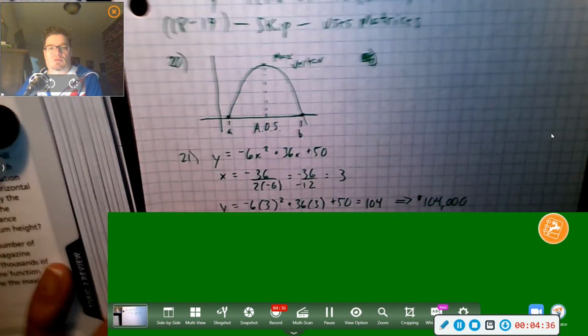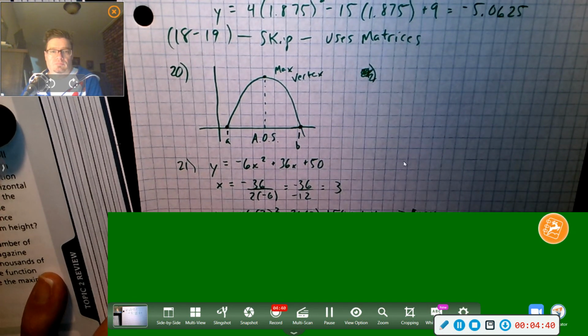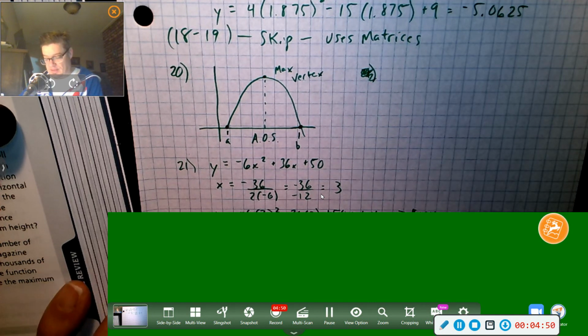Alright, number 21. You'll see here that we've got our equation. I use my vertex formula, negative b over 2a, because I want the maximum profit. That's what it asks: determine the maximum profit. So this tells me when it happens.